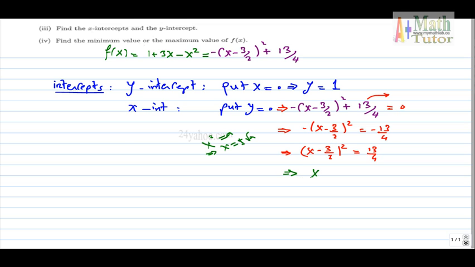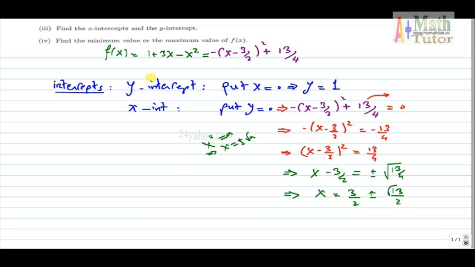So I get x minus 3 over 2, all to the power of 2, equals plus or minus the square root of 13 over 4. And then this implies that my x is 3 over 2 plus or minus radical 13 over 2.